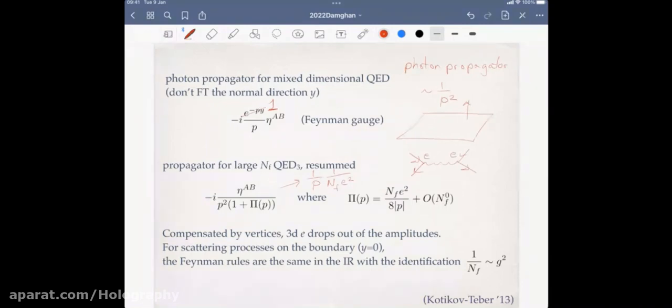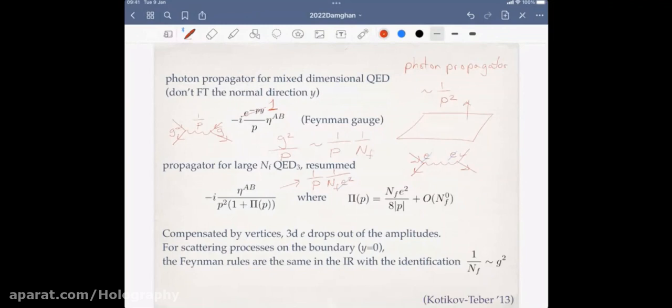When we package that all together, the factors of e will cancel in the vertices with the factor of e squared downstairs in the propagator. And we want to compare that to what happens upstairs in the mixed dimensional theory, where again you have this kind of thing, but now I have 1 over p and g at the vertices. So I want to compare g squared over p with 1 over p, 1 over NF.